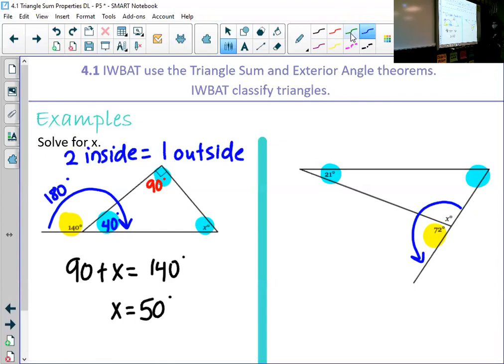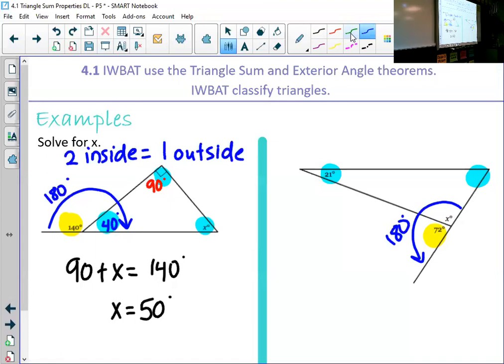Anytime in geometry, it doesn't matter whether we are in the triangle unit or in the quadrilateral unit, back in chapter 1, when we learned this, anytime you see a linear pair, they add up to how much? 180. Linear pair and vertical angles, you can always, always, always use. Linear pairs add up to 180.